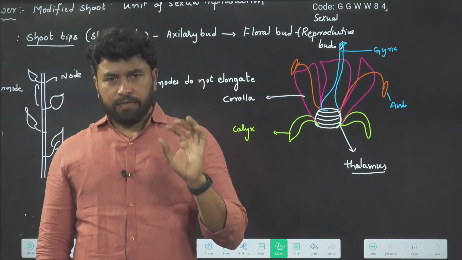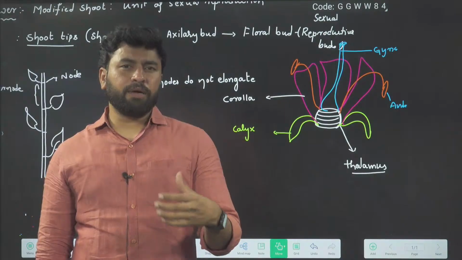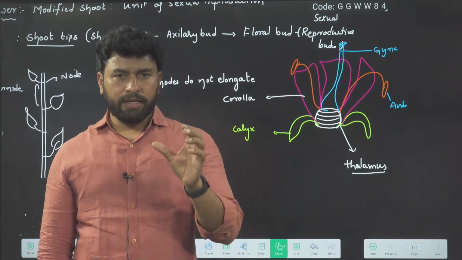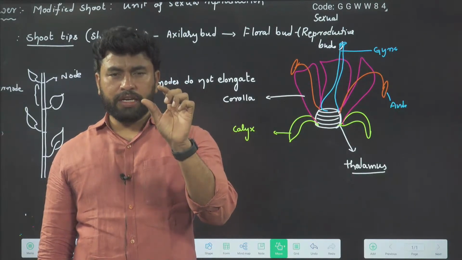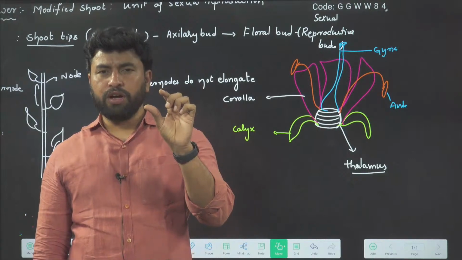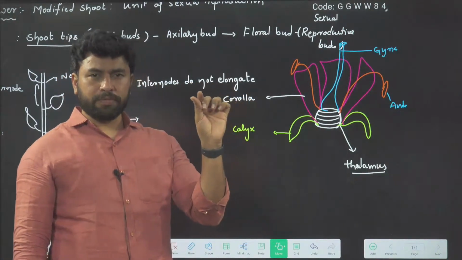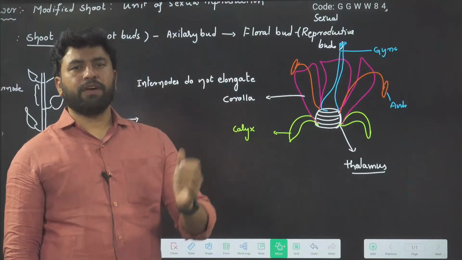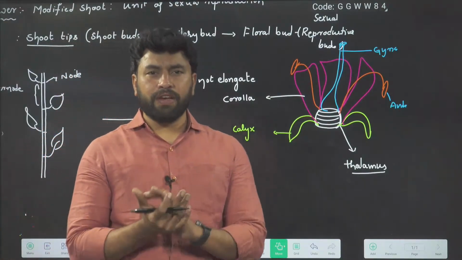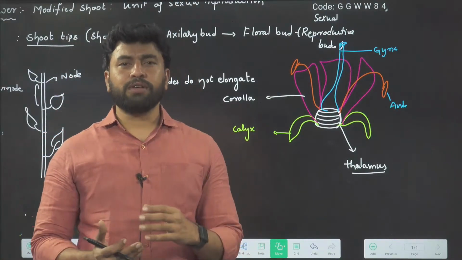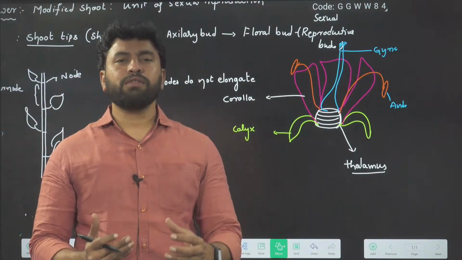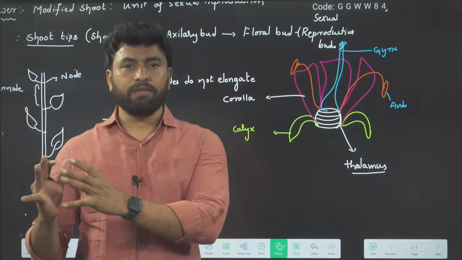In case of a shoot modifying in the form of a flower, the internodes do not elongate. If internodes do not elongate, all the nodes will come close to each other. As a result, there is a formation of a base for the flower. That base is also called thalamus.